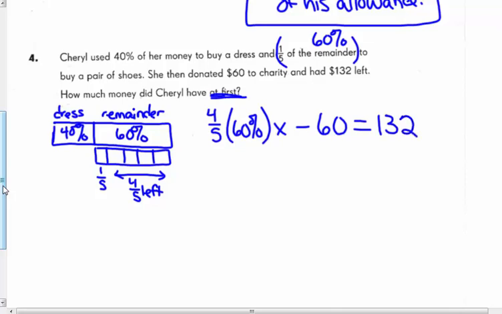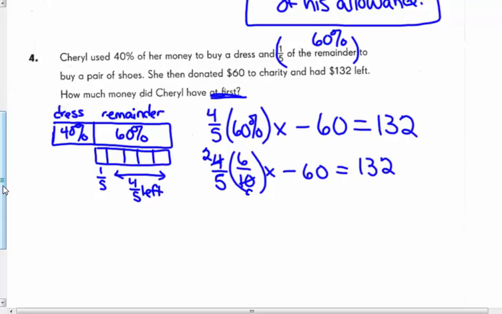Oh my gosh, this is a hard question. 4/5 of 6/10, because I'm going to change 60% to 6/10. Oh, 4 and 10 have something in common. So you get 12/25. 12/25 of what number minus 60 is going to give me 132?